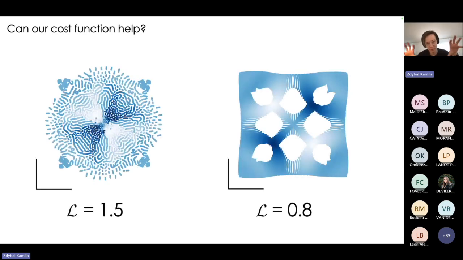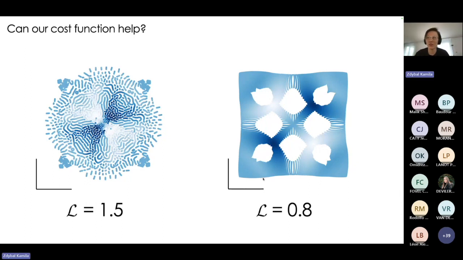So anyway, I want to go back to t-SNE now. And I wanted to give you that introduction because I now wanted to show you that maybe our metric could help us in tuning those t-SNE hyperparameters, like perplexity, for example. So can our cost function help in assessing how good a given t-SNE embedding is?